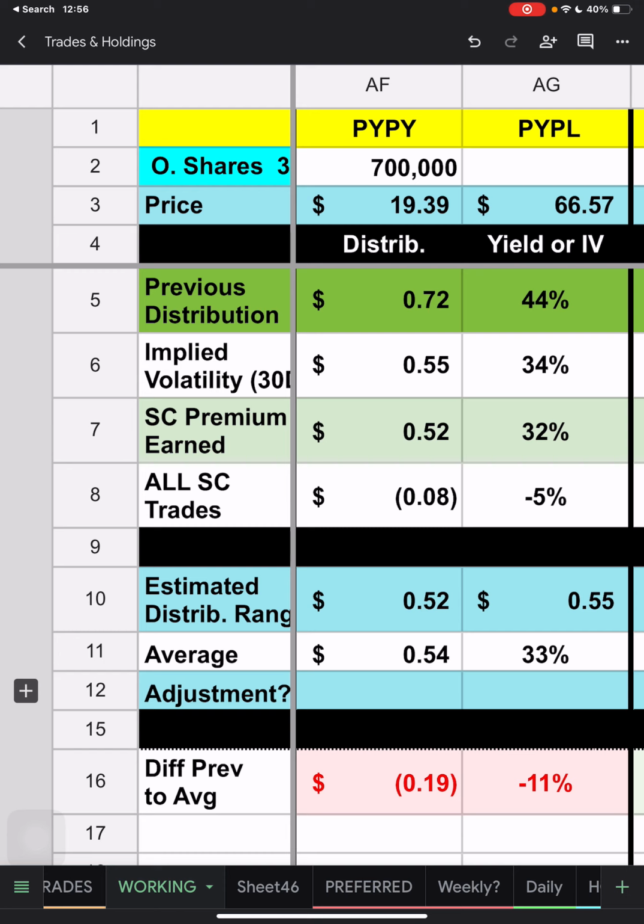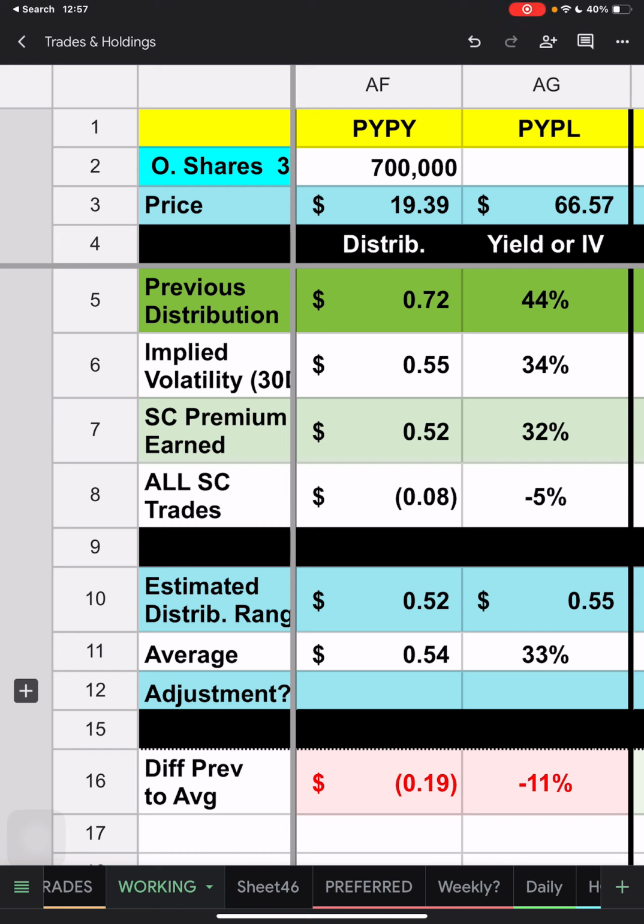So PayPay, 72-cent distribution last time. Based off the implied volatility, we're looking at 55 cents, but we've earned 52 cents a share based on the premium that we brought in for selling the calls. But then all of our short call trades has been a net of negative 8 cents.